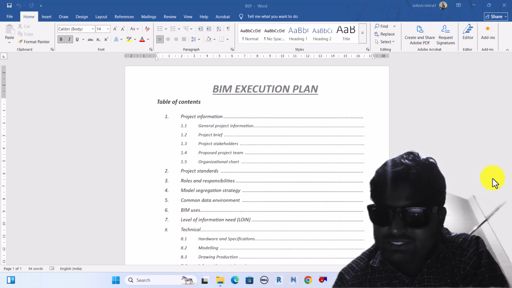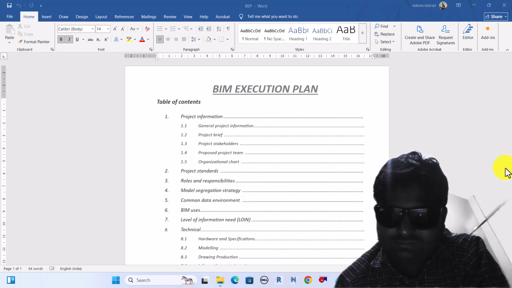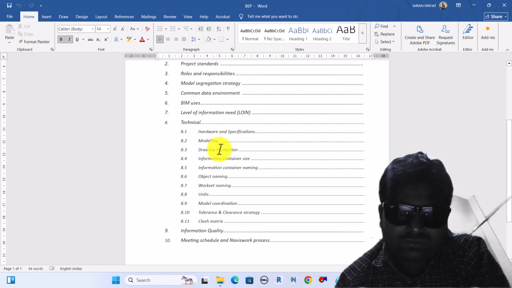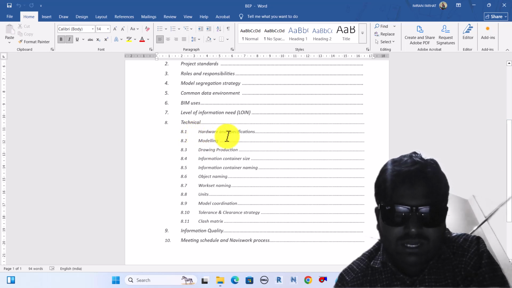The eighth is technical. In technical, it is mentioned about hardware and specification.